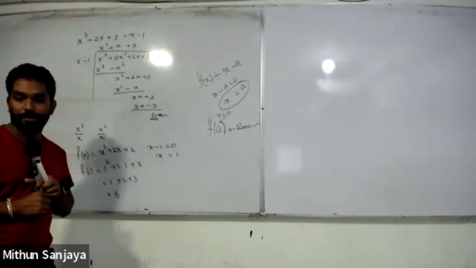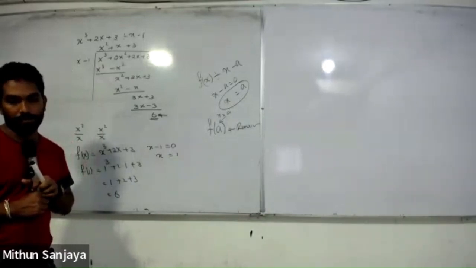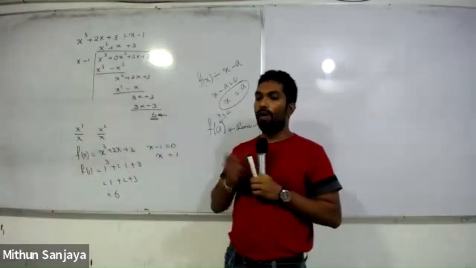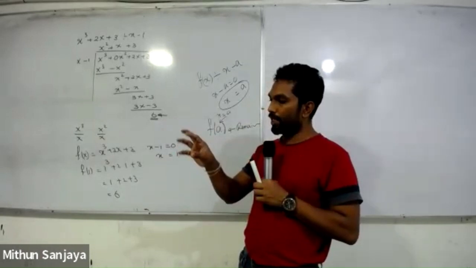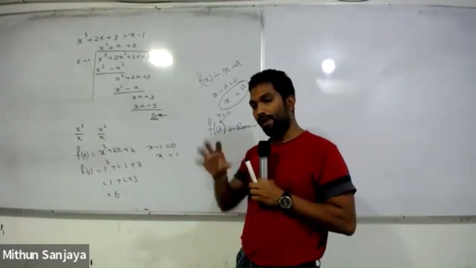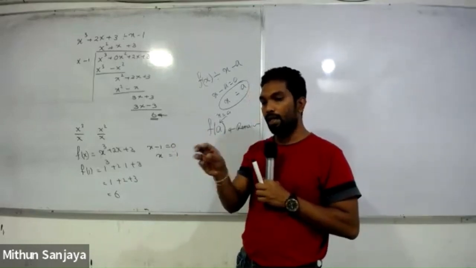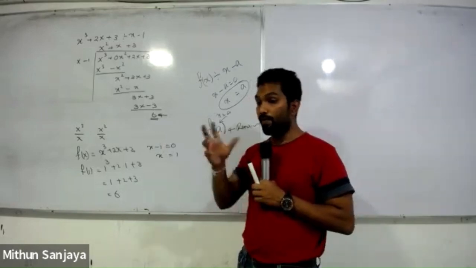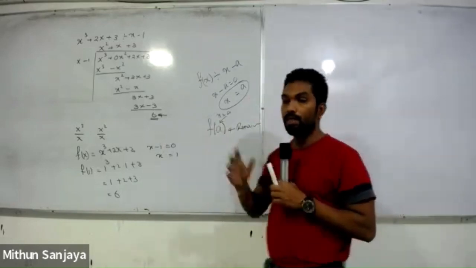What happens next? The factor theorem. How do we find the factors? What happens if we divide the function by its factor? A factor means the function is a complete multiple of it. That means the remainder needs to be 0.